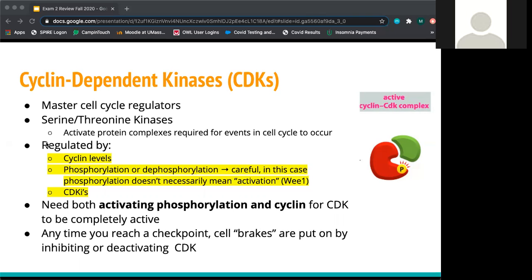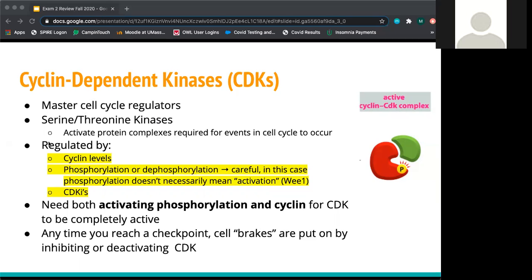They're regulated by cyclin levels, phosphorylation or dephosphorylation, and also CDK inhibitors. You do want to be careful, because in this case phosphorylation doesn't necessarily mean to activate something.